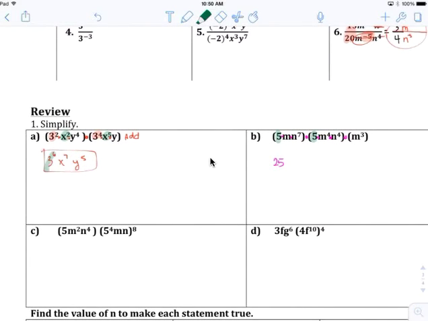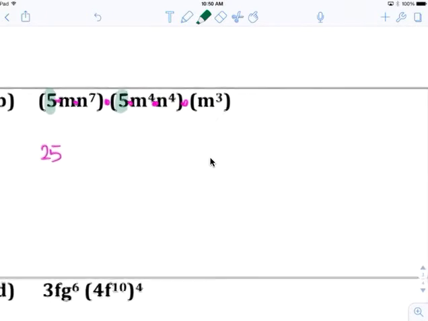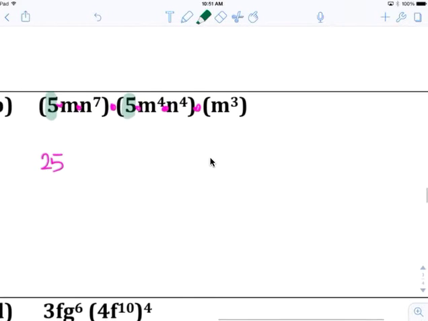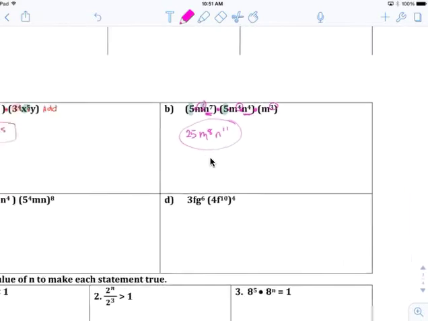This one, it's impossible, so you leave it as an exponent. Okay. Then it's n to the 1st. Therefore, it's m to the 5th plus this 3, so m to the 8th. And n is here, n is here, n to the 11th, and that's your answer.